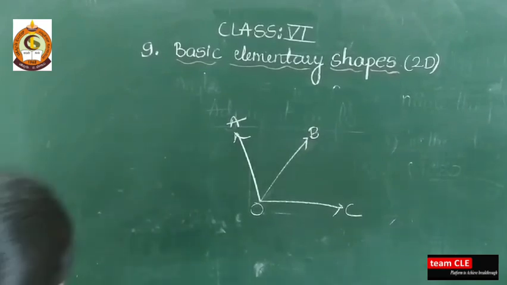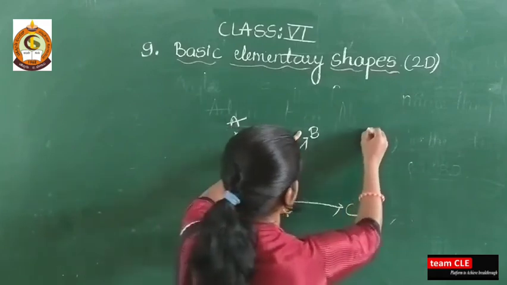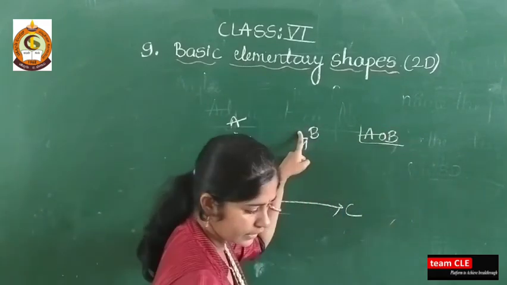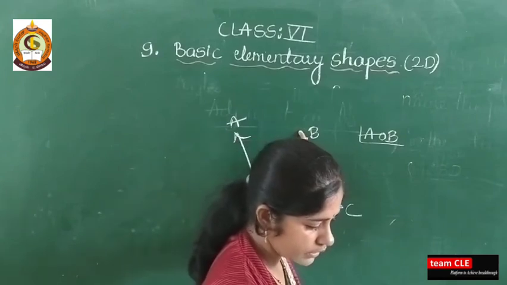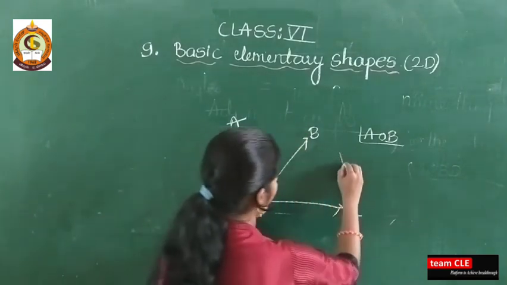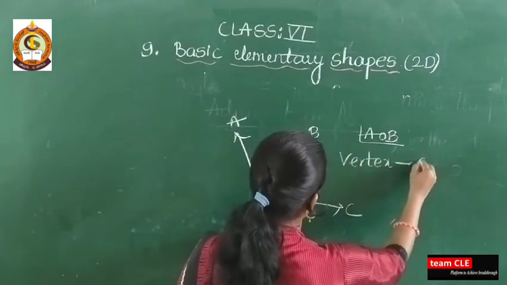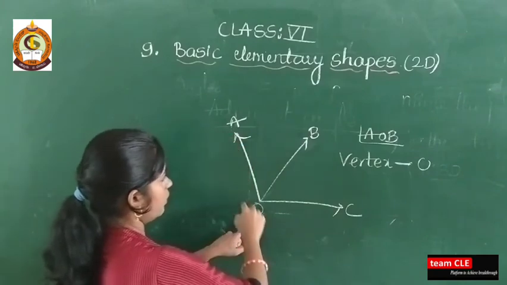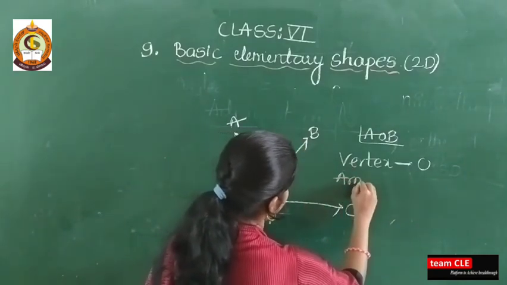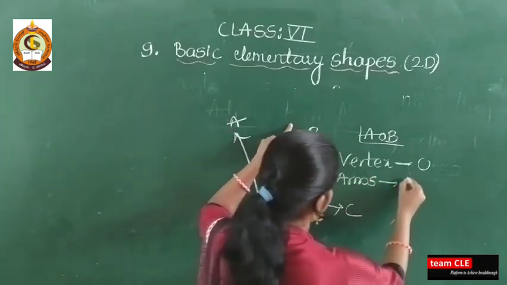Which angle has formed here? AOB. What is their question? Name their vertex and arms. So here the vertex is O. Vertex is O, and arms are OA and OB.